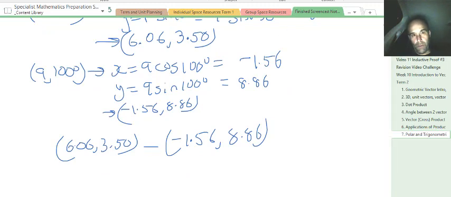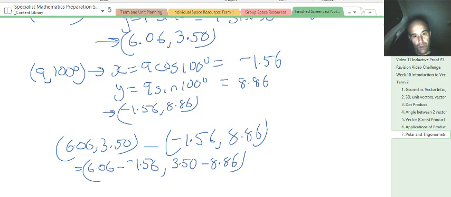Pause to have a look. We know from earlier work to subtract vectors in component or Cartesian form, we subtract corresponding components. We see that there, so pause to take a look. Then basically we do the calculations and we've got a result.